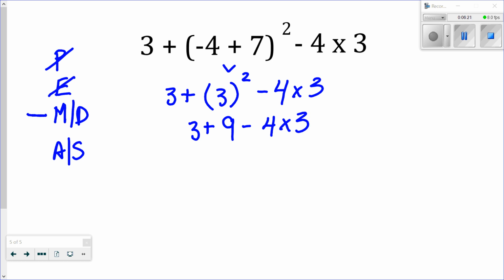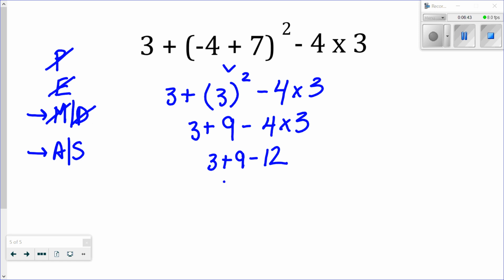Now I'm up to multiplication and division. I see in this problem that I only have multiplication, so I'm going to do that next. 3 plus 9 minus 12. I can cross out multiplication. There is no division. I do see addition and subtraction, but if I remember with these operations, I go from left to right.